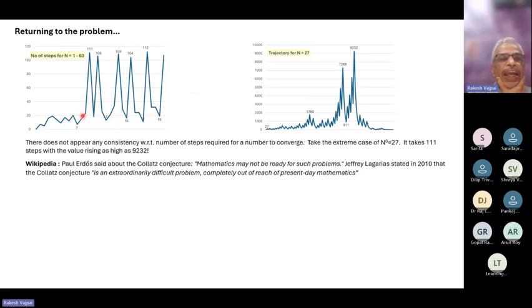If I look at 0, 1 to 63, this would be somewhere around 34. Up to 34, you have about 80% of the numbers. The remaining 20% come right on top, 100 plus. The first one, which is 111, is 27. And the pattern created by 27 is followed by each one of them. So if 27 has taken this long journey, most of them are continuing to take that long journey.